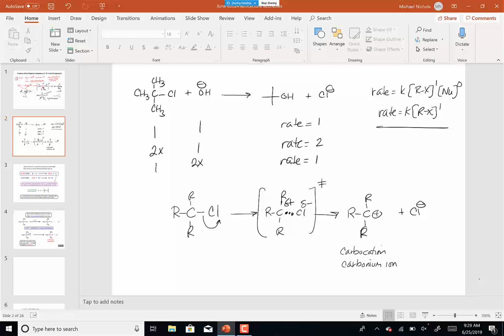But when I'm proposing mechanistic steps, I could say, well, the rate of this reaction is equal to a rate constant times the concentration of the reactants, which in this case is going to be my R3CCl raised to the what power? 1, because there's a stoichiometric coefficient of 1. And so that rate equation that I can write for this first mechanistic step, what does it look like? It looks like the overall reaction.